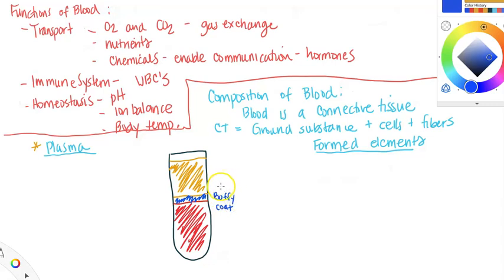And the buffy coat basically contains white blood cells and platelets.